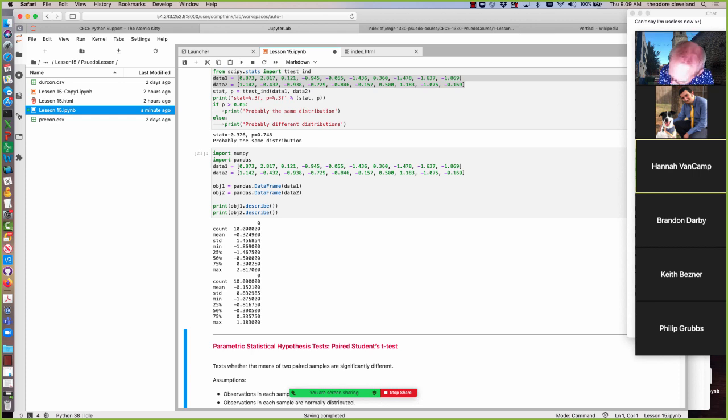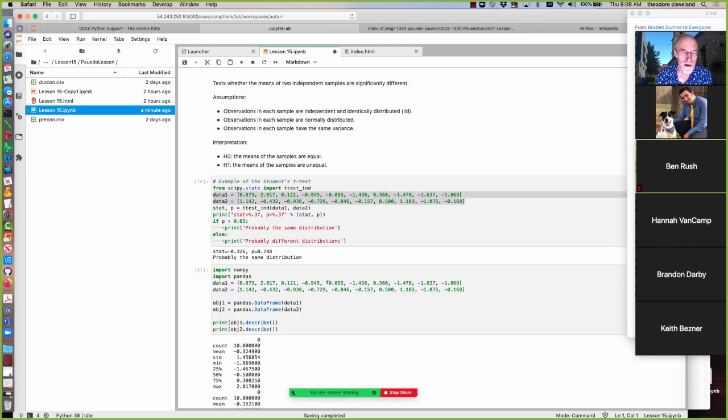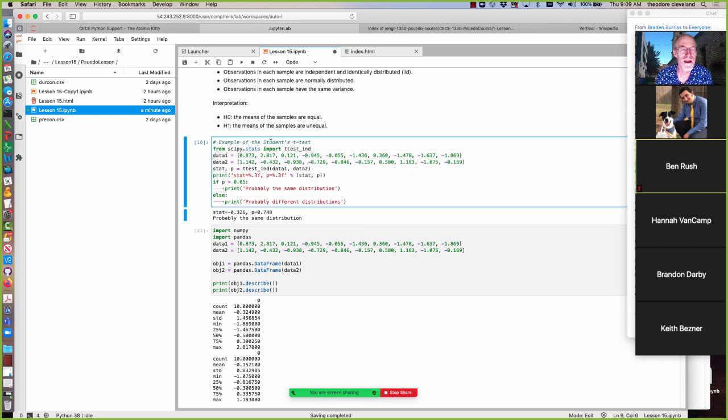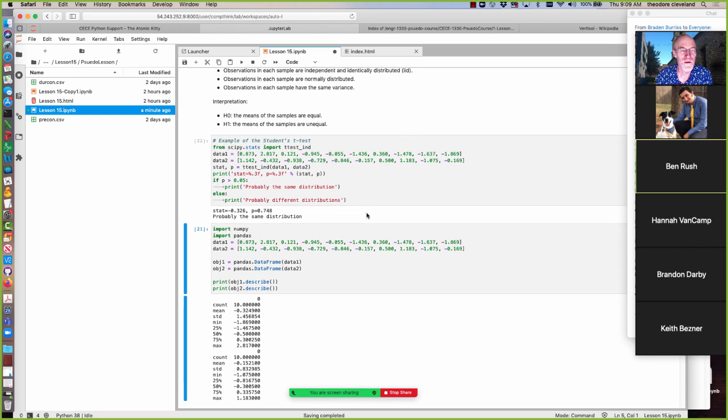So again, I ask the question, are these data from the same process or not? No. Okay. So we have a claim of no, and let's go ahead and run the student t-test, and we get the result that they actually are from the same process at a level of significance of 5%.